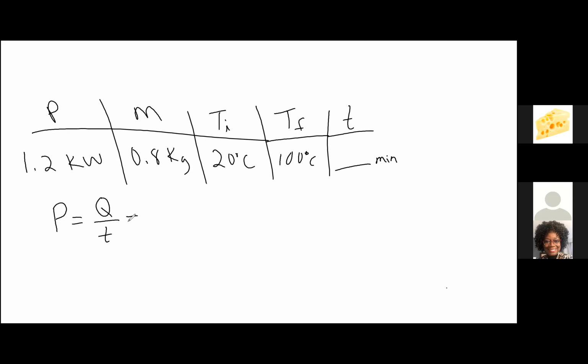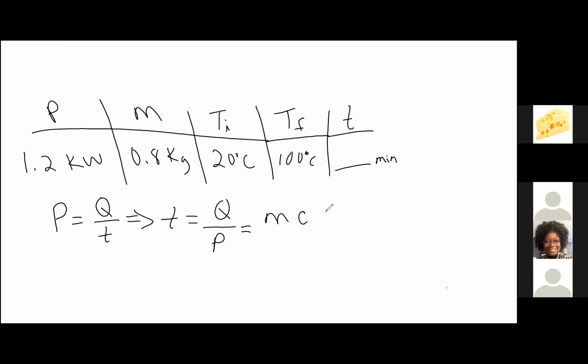So therefore, my time is going to be my heat energy divided by my power. And what is heat energy? My heat energy is m c delta T, divided by the power.